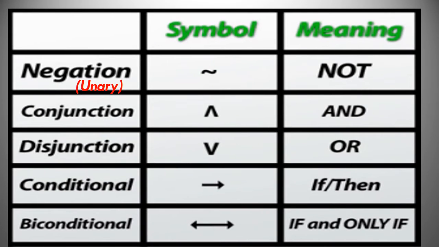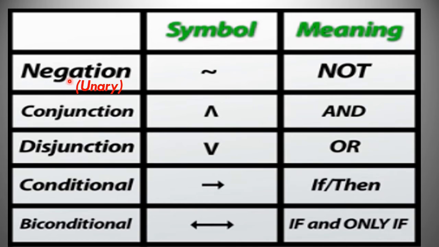See, these are the examples of logical connectives that we will deal with at the basic level. Okay, so the first one, if you see, negation, I have written over here that it is unary.